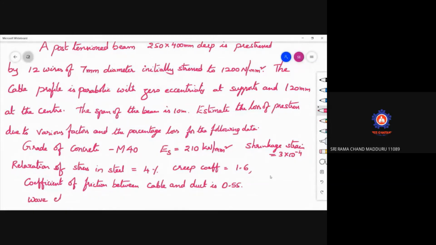Wave effect is 0.0015 per meter length. Anchorage slip is 3 mm. Ec is 5000 root fck.